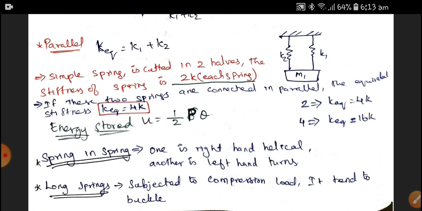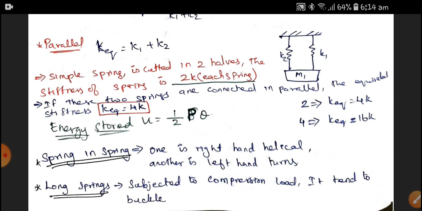Here we are going to discuss some important formulas and concepts. If a simple spring is cut into two halves, then the stiffness of each half becomes 2 times the original stiffness. That is, if you cut a spring into equal halves, the stiffness becomes double.